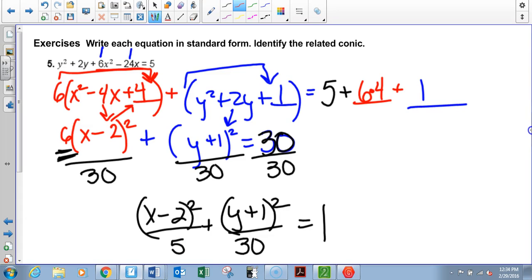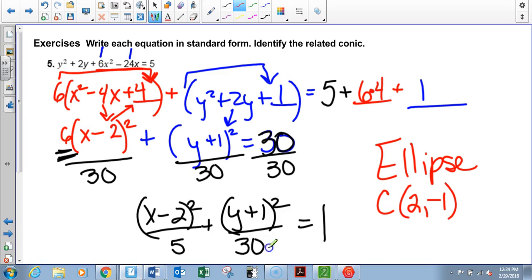What shape is that? An ellipse, and its center, (h, k), is at (2, negative 1). It's actually longer in the y direction, right? So it would be a vertical ellipse. Everybody okay?